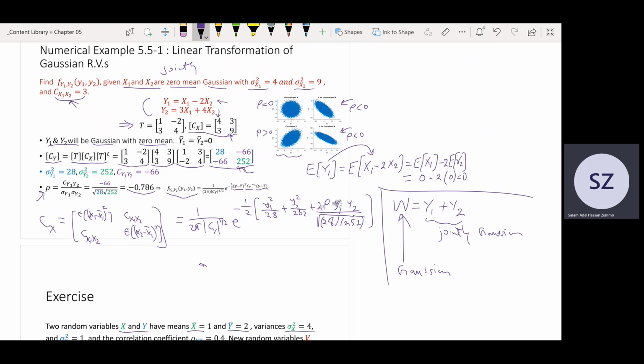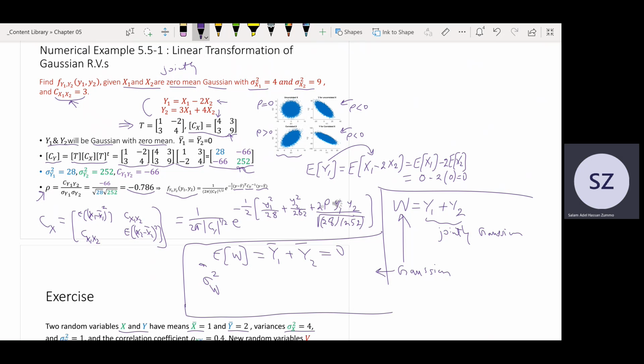So what is the mean of W here? Mean of Y1 bar plus Y2 bar, which is equal to 0. So we know that W is a Gaussian with 0 mean. So the only missing is the variance, sigma W squared.